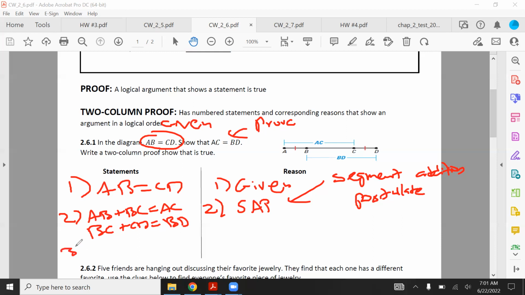Then I'm going to say this. AB, I'll put this in green here, plus BC equals CD plus BC.